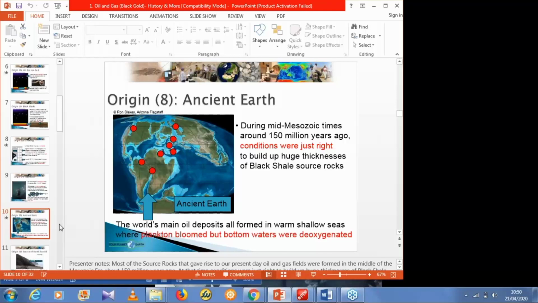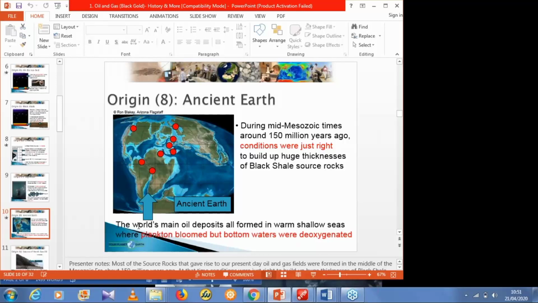During the Mesozoic time, about 150 million years ago, or 100 to 200 million years ago, conditions were just right, by scientific theory, to build huge thicknesses of black shale. Remember what we refer to as black shale, and such rock.